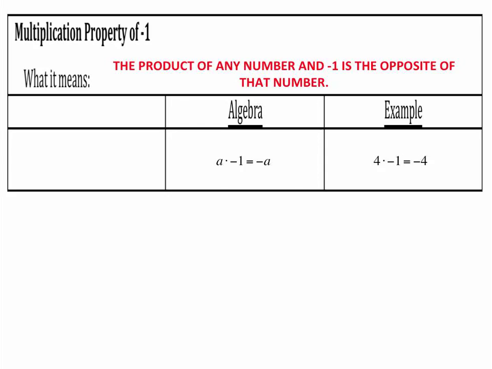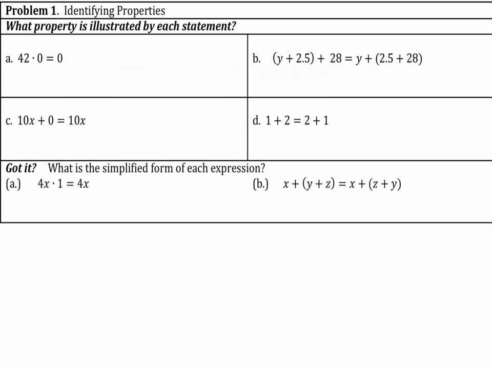If I took negative 8 times negative 1, I would just get positive 8. So anytime I multiply by negative 1, I always just get the opposite of the number that I started with. So those are our big properties. Let's take a look at some examples, and our job is to find out what property is illustrated by each statement.